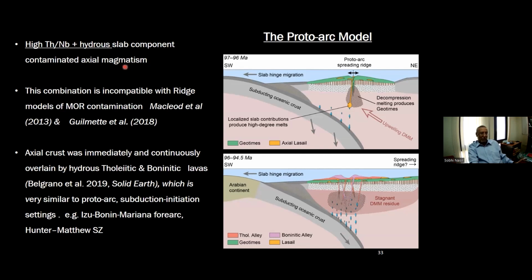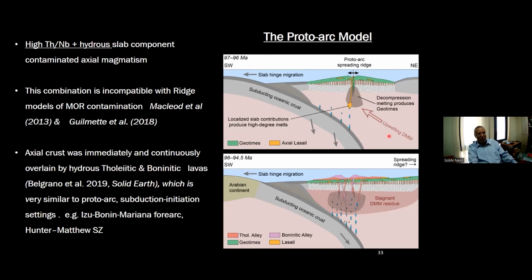And they conclude that this combination is incompatible with ridge models of mid-ocean ridge contamination. Besides that, the axial crust was immediately and continuously overlain by hydrous tholeiitic and boninitic lavas, which is very similar to proto-arc subduction initiation settings, such as the Izu-Bonin-Mariana forearc and Hunter Matthew subduction zone.